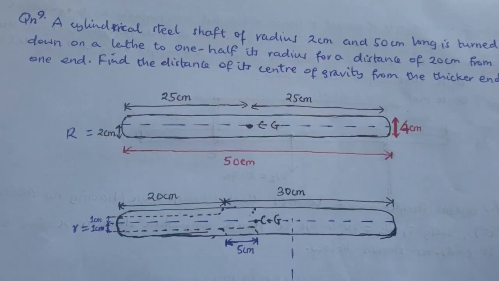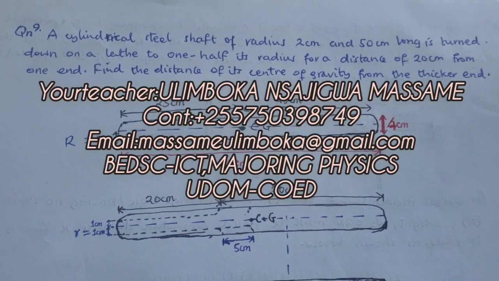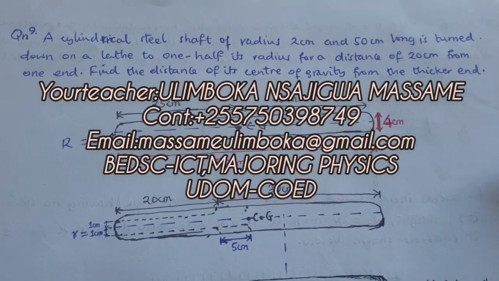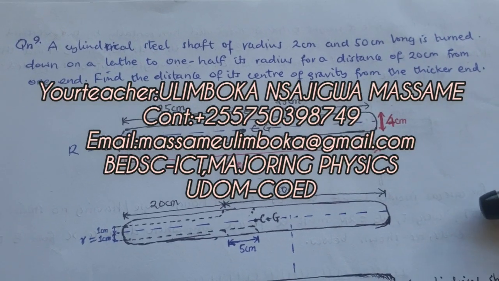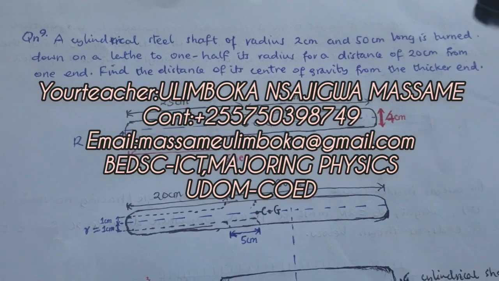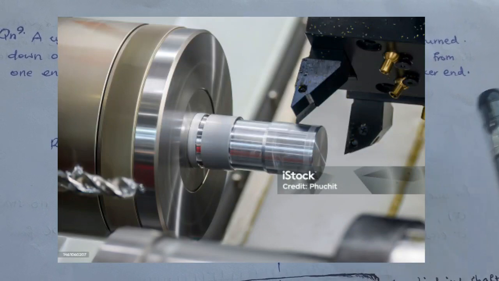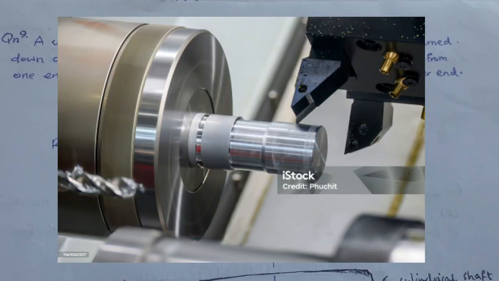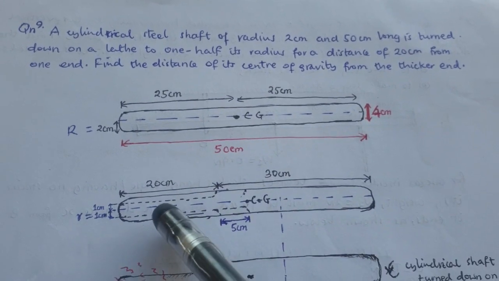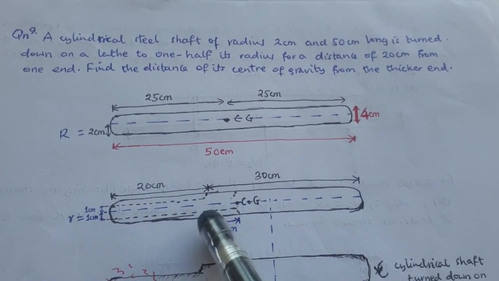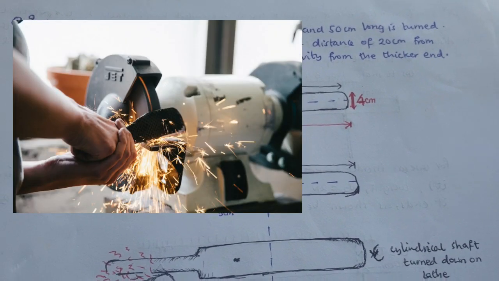This is a cylindrical steel shaft that is turned down on the lathe in such a way that its radius is reduced to half of its original. The shaft has a length of 50 centimeters. Then the lathe is molding the radius up to a distance of 20 centimeters, for a radius of 1 centimeter.